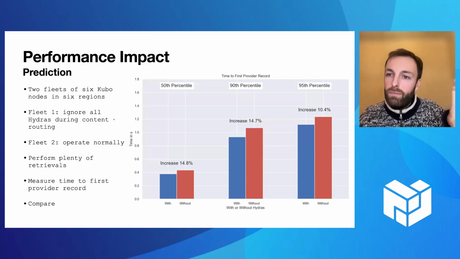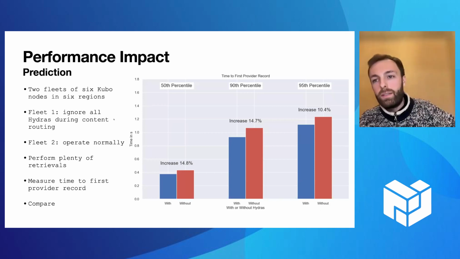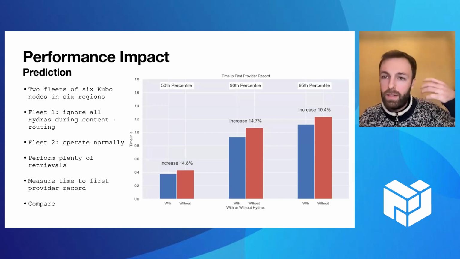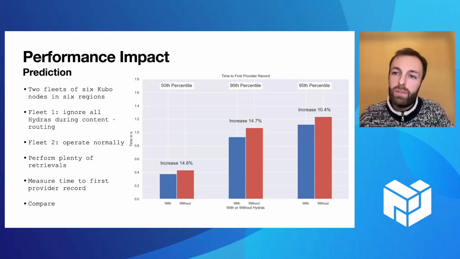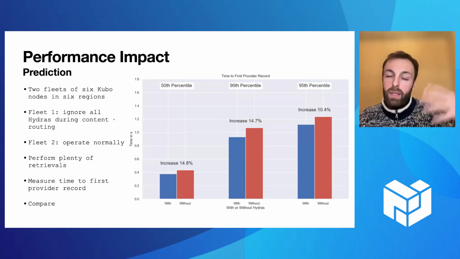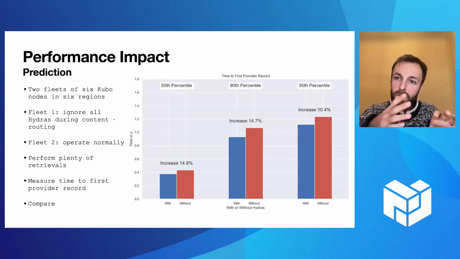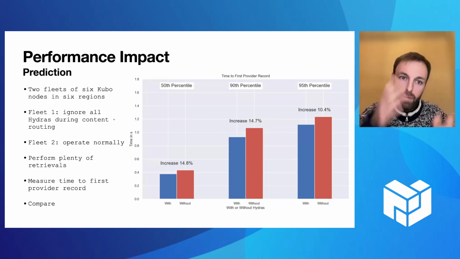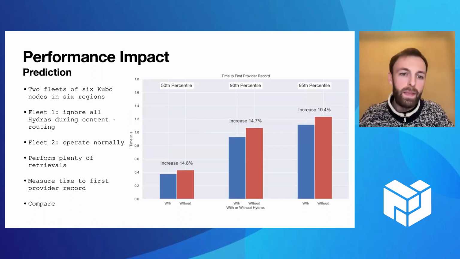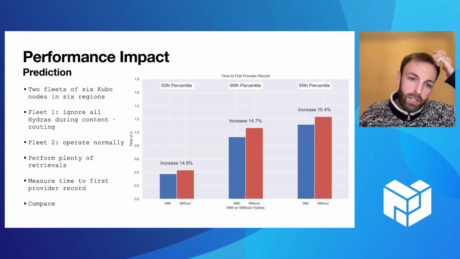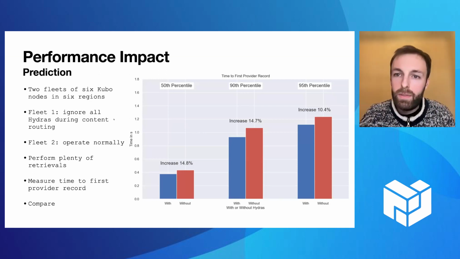One fleet ignored all Hydra heads, so if I request closer nodes to a certain CID, and the other peer returns some Hydra heads, I will just ignore those Hydra heads and take the closest node that is not a Hydra. And the second fleet is just a common, normal Kubo node and operates normally.